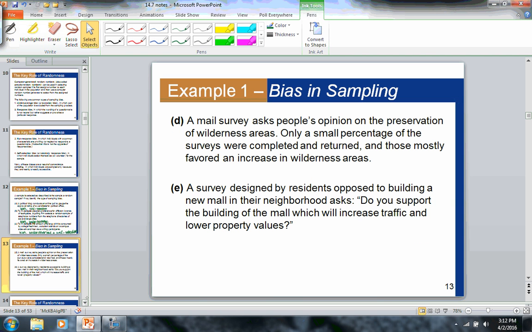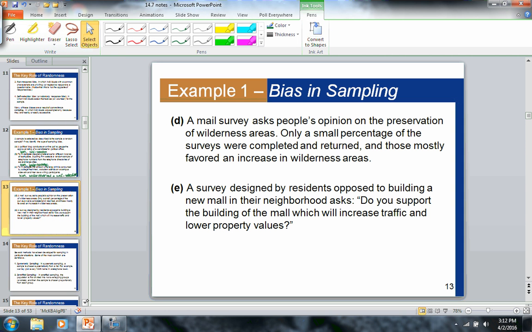Okay, part D now. Here we have a mail survey. Asks people's opinions on the preservation of a wilderness area. Only a small percentage of the surveys were completed and returned, and those mostly favored an increase in wilderness areas. So it sounds nice that they're mailing them out to everyone, but this actually has bias because, again, it's self-selection.